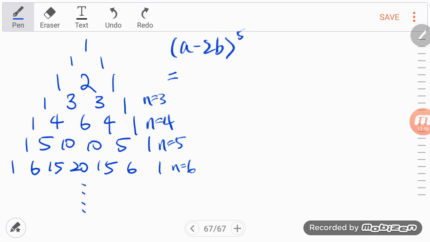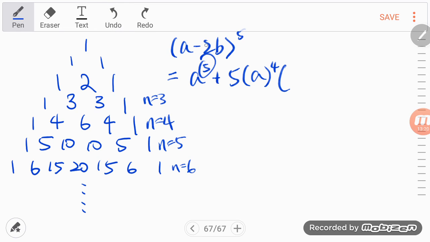So I'm going to have a to the power of 5, right? Plus, and now I'm going to have a 1 in the front, but I don't have to write that 1. Plus 5, because the 5 is from here, times a to the power of 4. Now, I have reduced the power by 1 here.